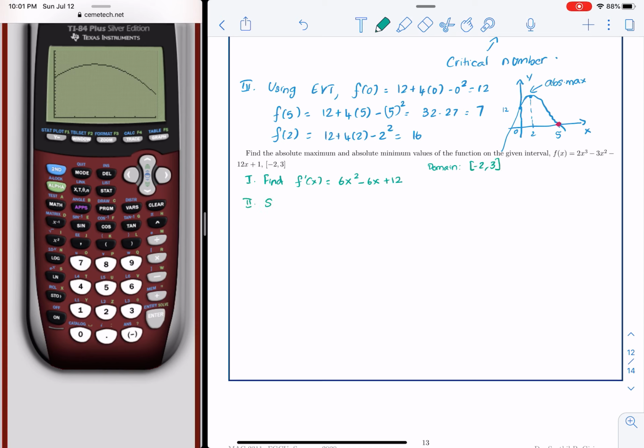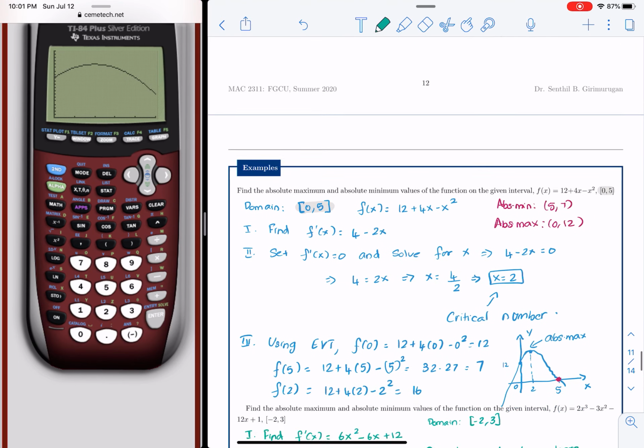We're going to set f prime of x equal to 0, and we will solve for the critical numbers. So f prime of x, we know it already, that is 6x squared minus 6x plus 12 equals 0.